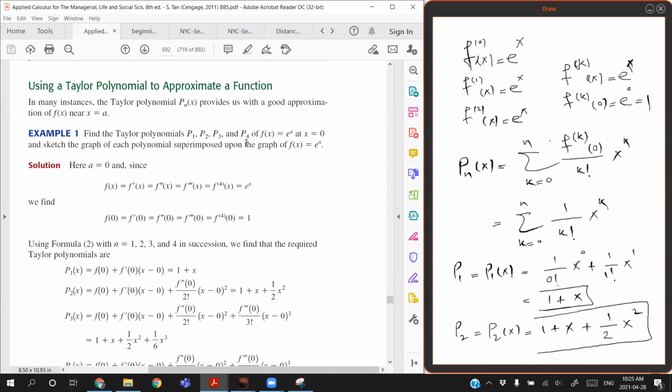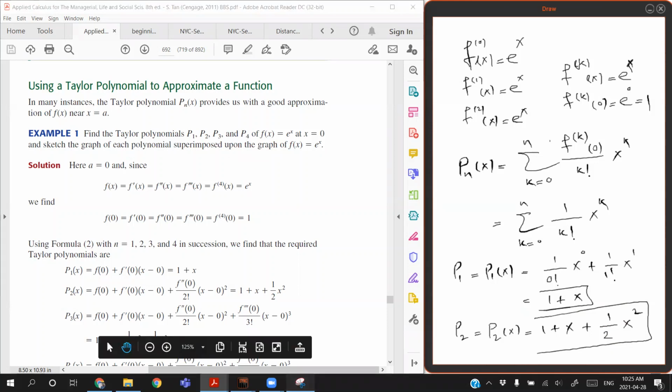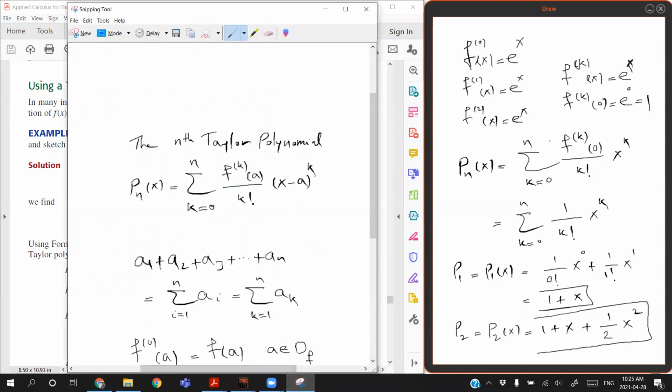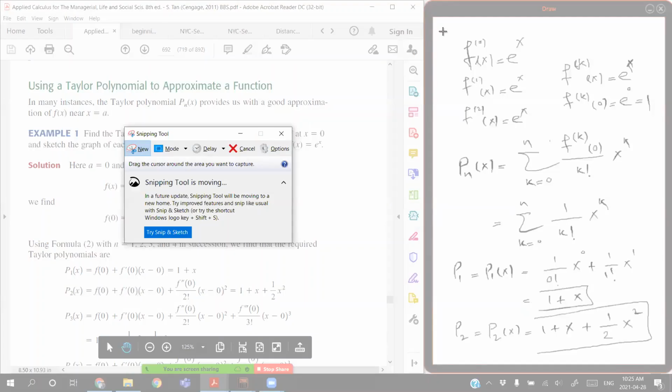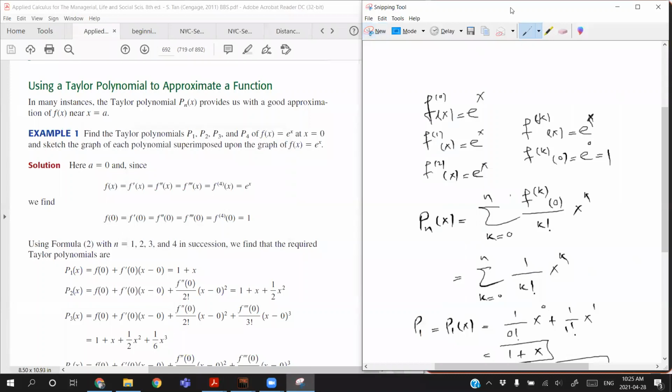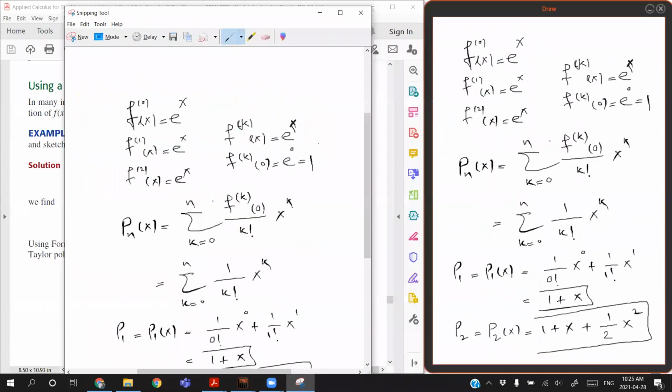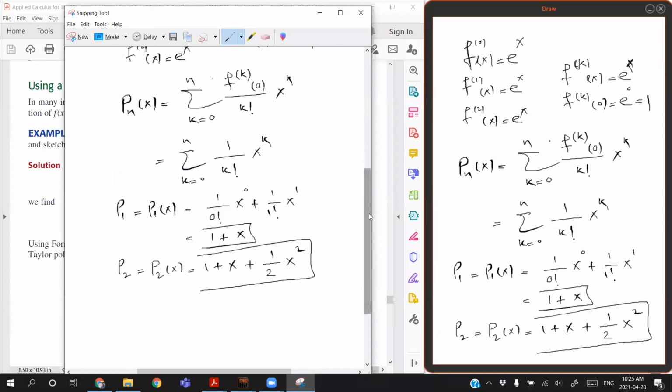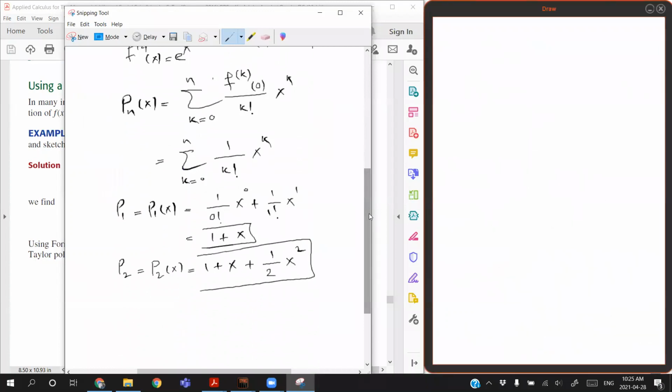Then if I want to do the same thing for when n is 3, the previous ones are not going to change. So P3, which is also noted by P3 of x, is going to have the same 3 terms, 1 plus x plus 1 over 2 x to the power of 2.